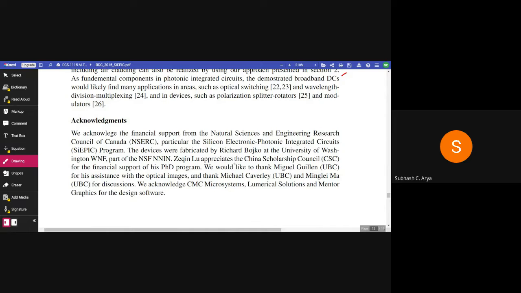Zeqin Lu appreciates the China Scholarship Council for the financial support of his PhD program. We would like to thank Miguel Guillén for his assistance with the optical images, and thank Michael Caverley, University of British Columbia, and Minglei Ma, UBC, for discussions. We acknowledge CMC Microsystems, Lumerical Solutions, and Mentor Graphics for the design software.